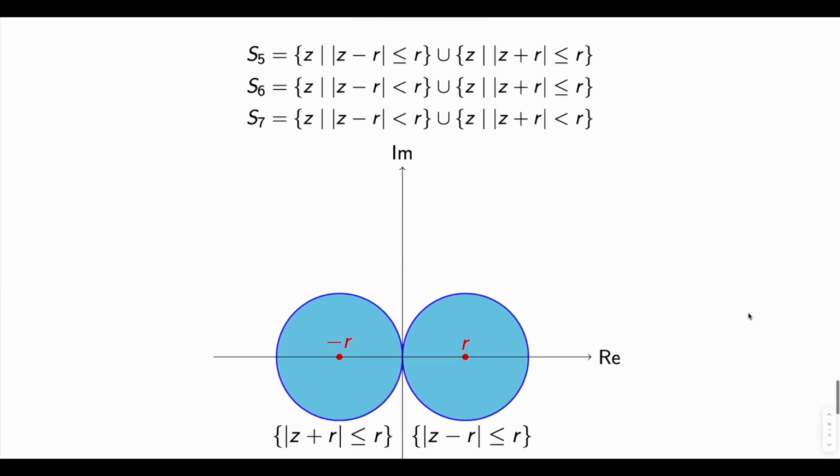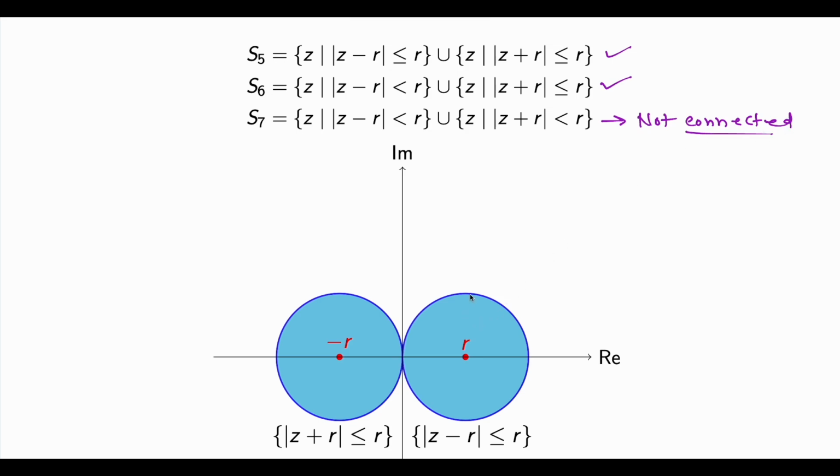Similarly, what about this set? Which one of these sets is connected? The set of z such that |z - R| is less than or equal to R, union the set of z such that |z + R| is less than or equal to R. So this set is connected. This set is also connected. This is not connected. Why?